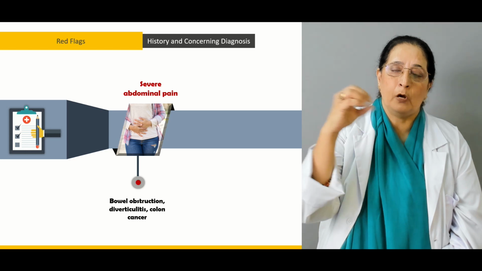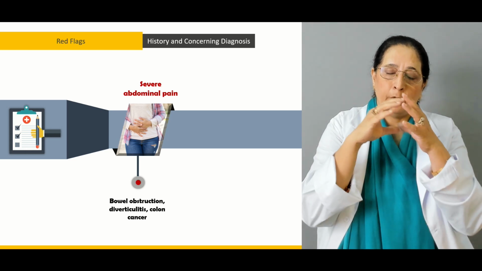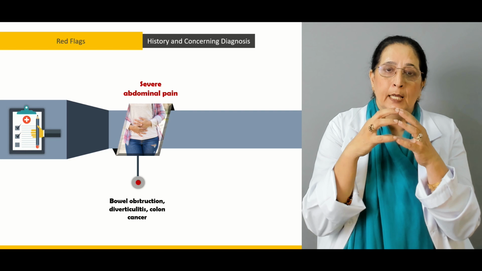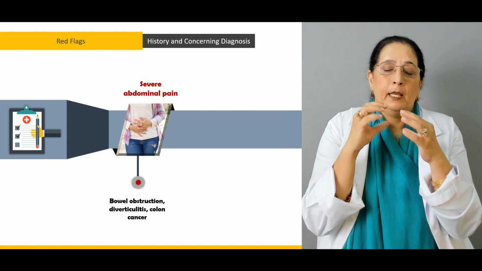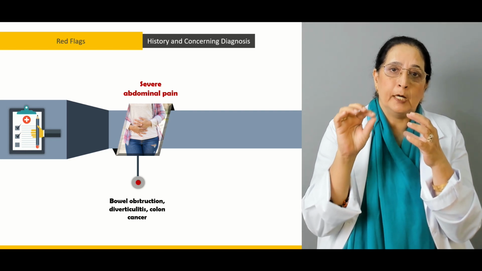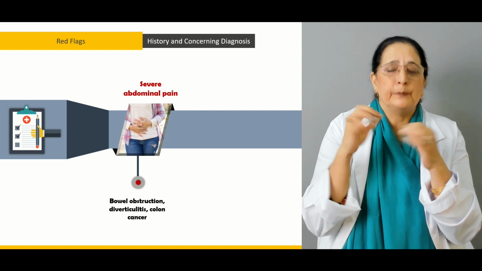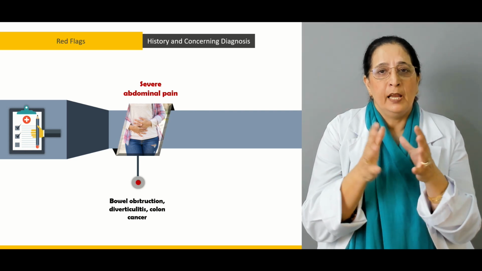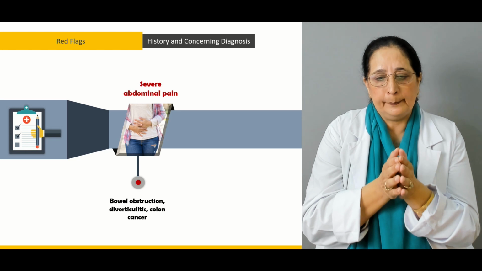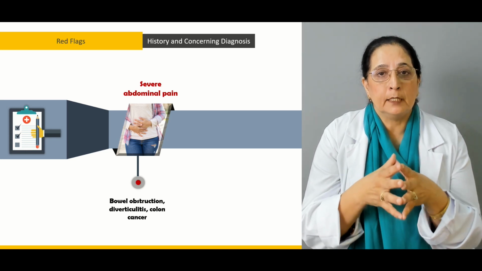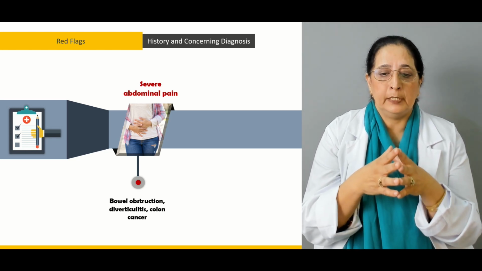Diverticula are small outpouchings formed in the wall of the intestine, and the entry of food particles into those pouches sometimes causes inflammation and abdominal pain. Colon cancer can also cause severe abdominal pain.